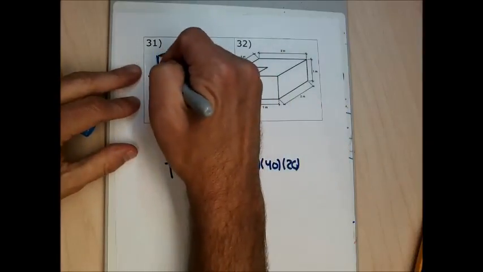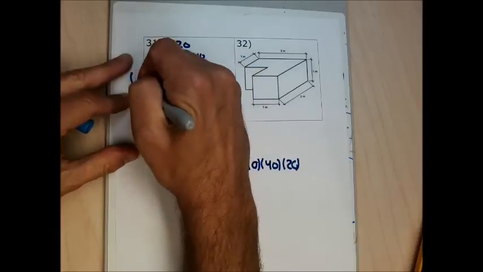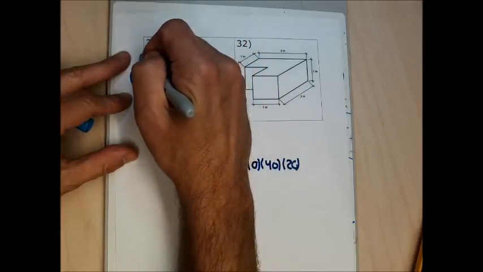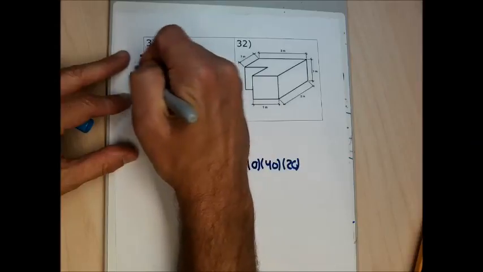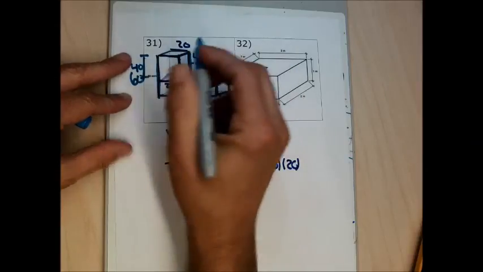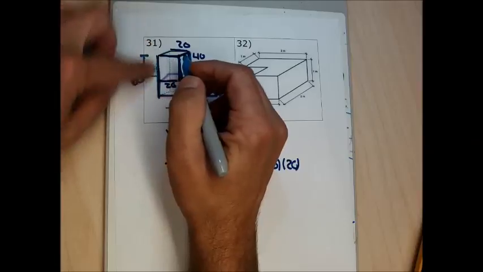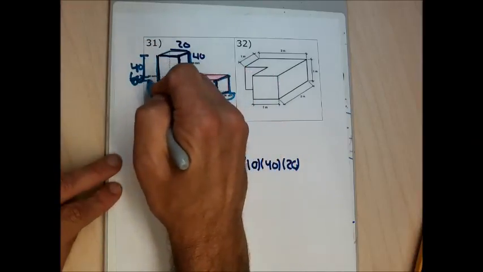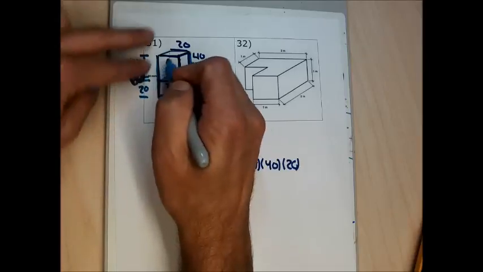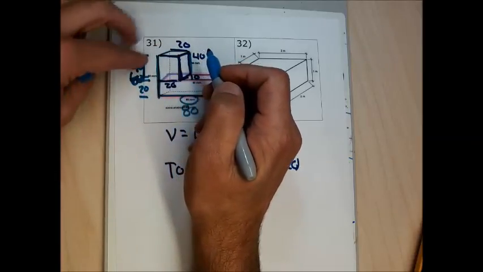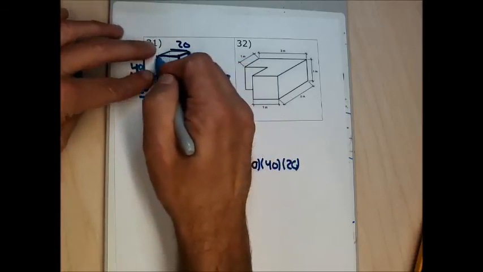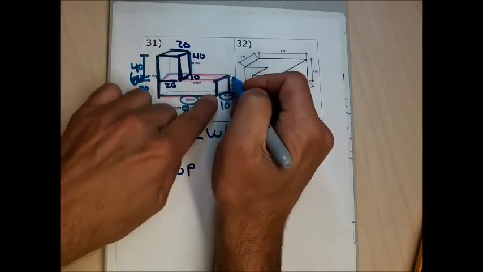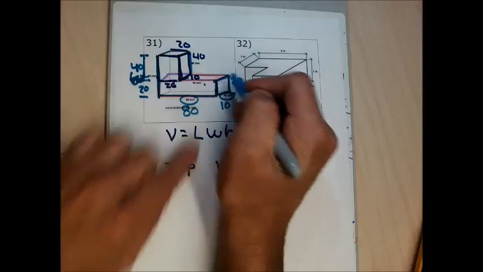This whole length right here is 60, and this part of it from here to here is 40. So I'm going to break this whole 60 up into the 40 that's from here, and then this bottom part, which is another 20. So this whole 60 breaks up into 40 from the top, and then an extra 20 from the bottom. So this piece over here is going to be 20.